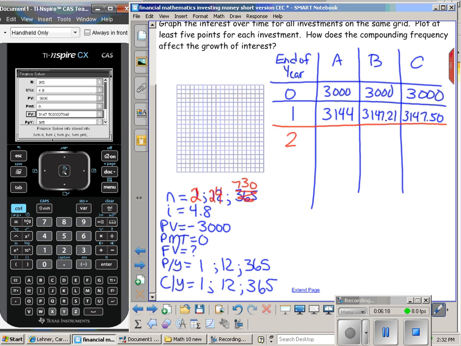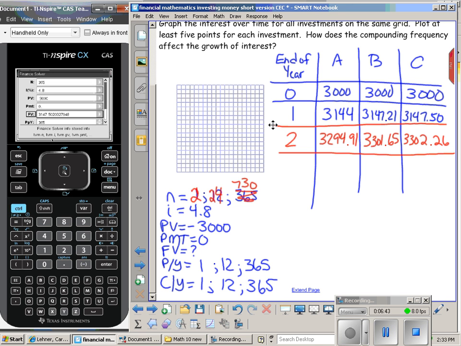So we are going to get values of $3,294.91, $3,301.65, $3,302.26. So you might start seeing a little bit of a difference here, especially between the annually versus monthly and daily. Monthly and daily are still kind of close together.